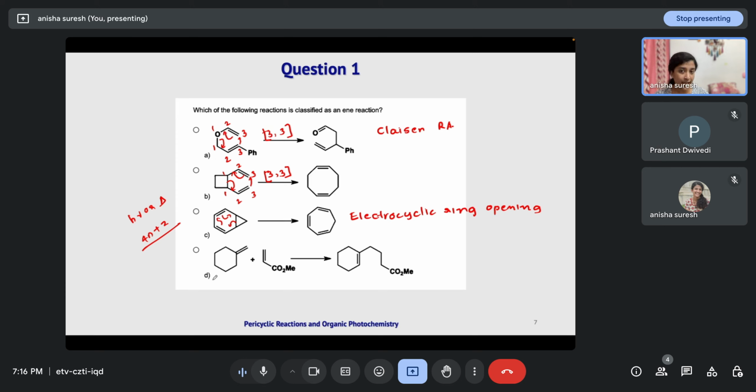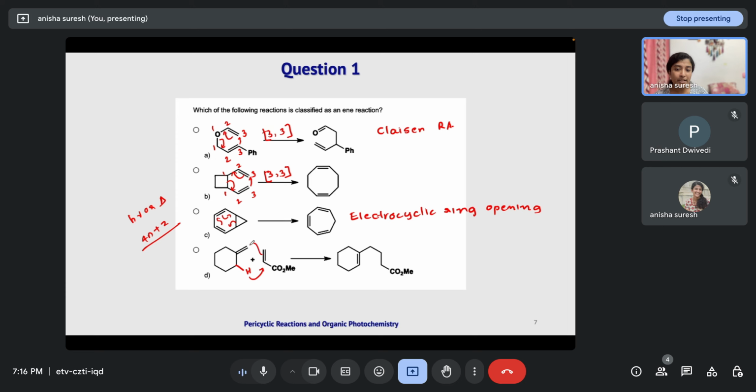So now coming to the last case. So this is an example of retro-ene, not retro-ene, it is an example of ene reaction. So this is the allylic ene component and this is the enophile. So here the reaction will be taking place in this fashion.